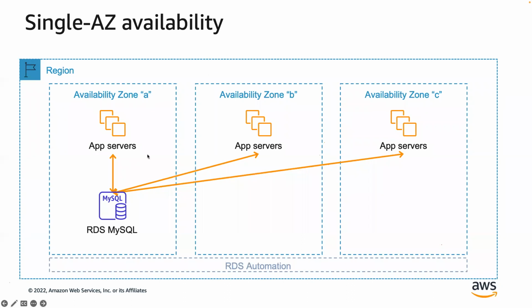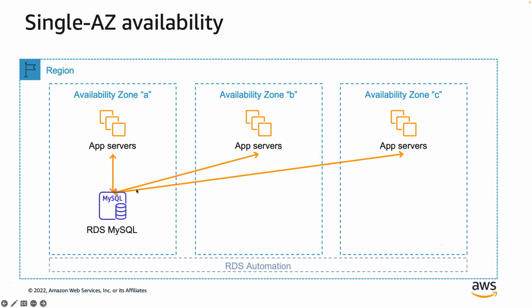Let's say in AZ A, I have application servers, in AZ B, I have application servers, and in AZ C as well. That means I have my application servers spread across different AZs, and maybe a load balancer, everything. I will not get into that because this is a database session. But I have only one database instance, in a single availability zone, which is availability zone A.